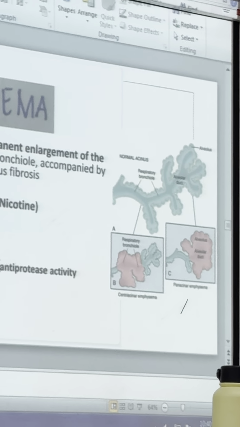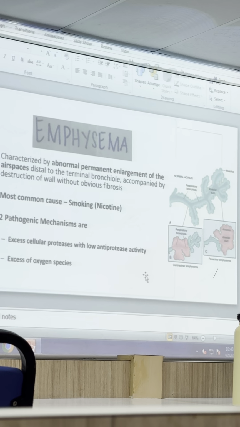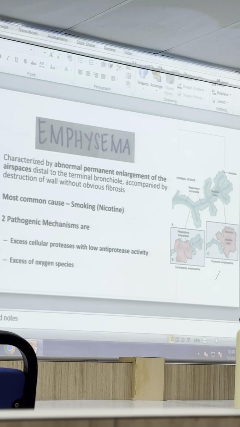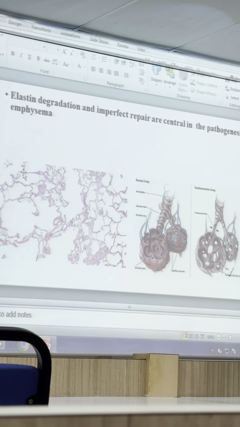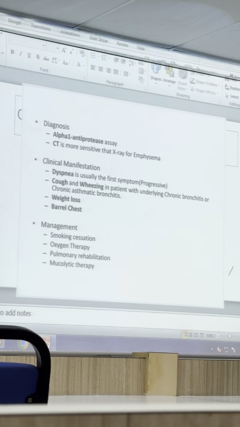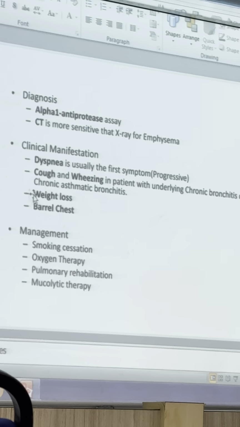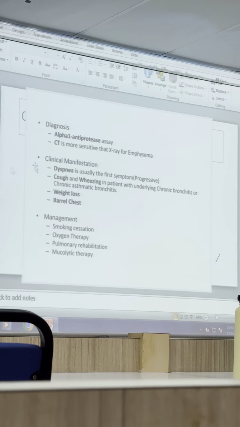What is the cause for this? Smoking, which is destroying the elastic tissue in the wall. That will be your cause. So you will have elastic degradation and dilated alveoli. Next, try to remember some main clinical feature of each of the diseases.